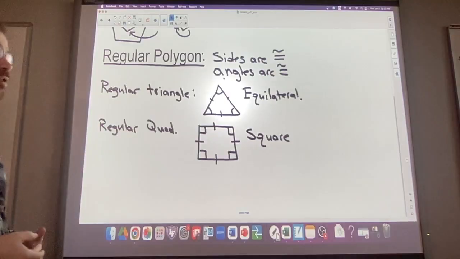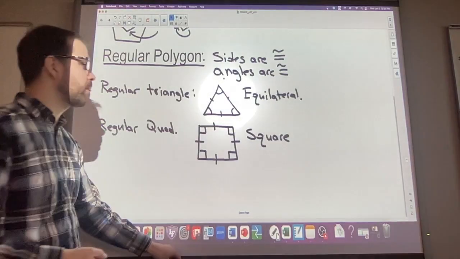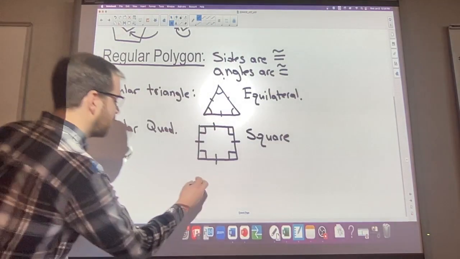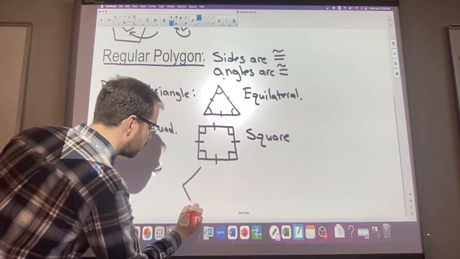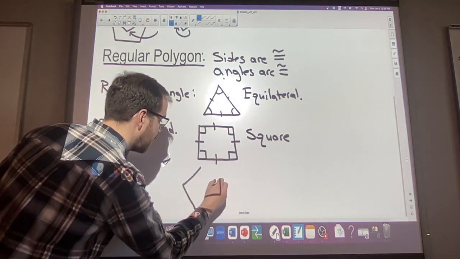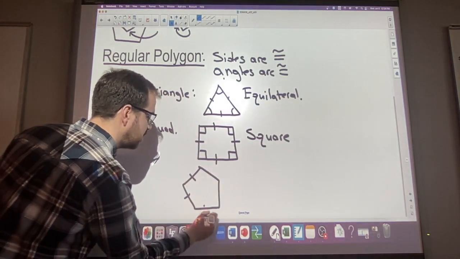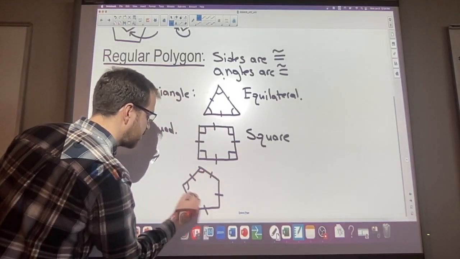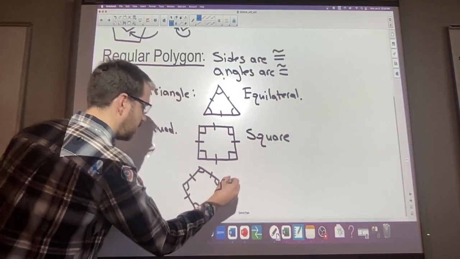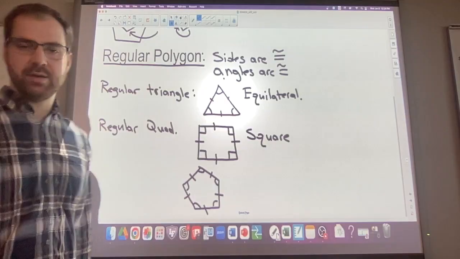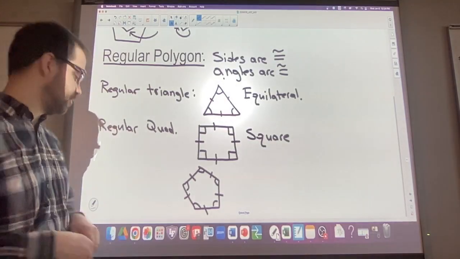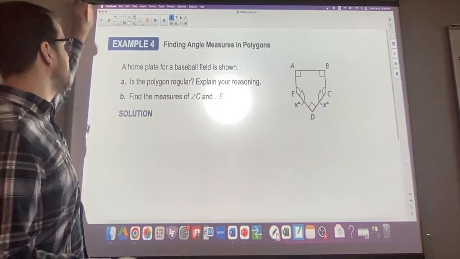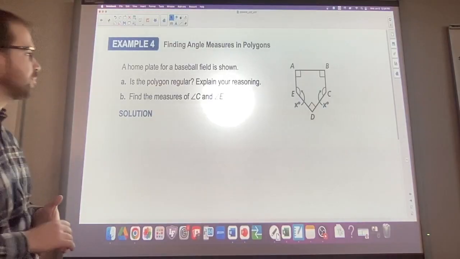There's no word for a regular pentagon, right? So if I were to draw a regular pentagon, we don't have a special word for that. I'm going to try to draw one here. So if all of these are the same, we would just call this a regular pentagon. Okay? All right, so that vocab out of the way.